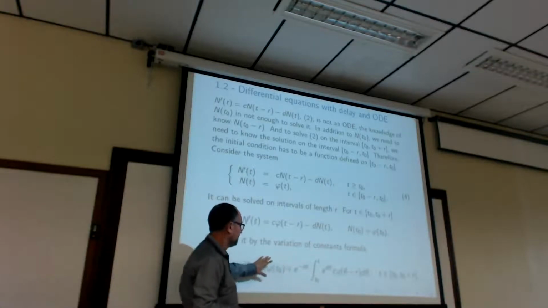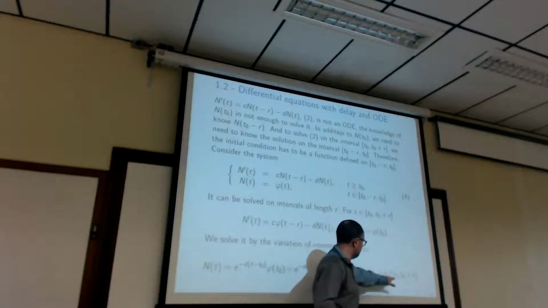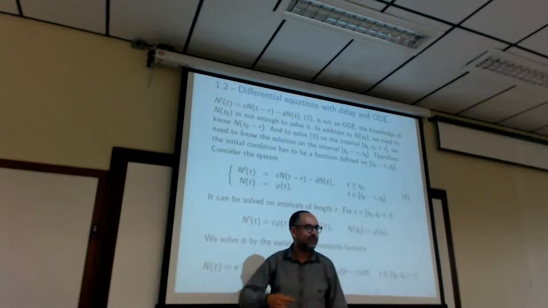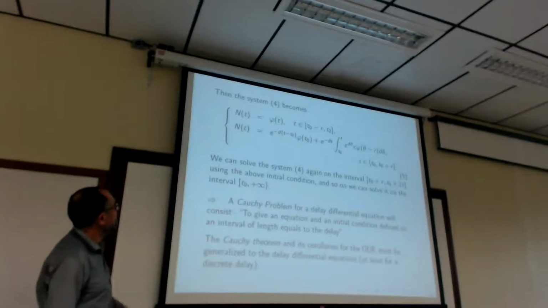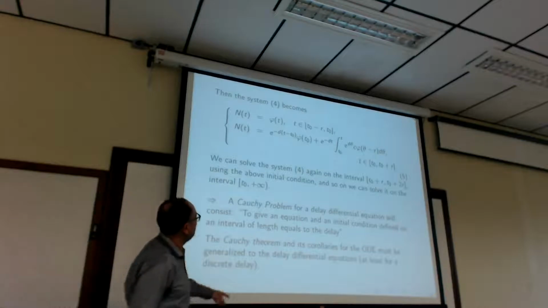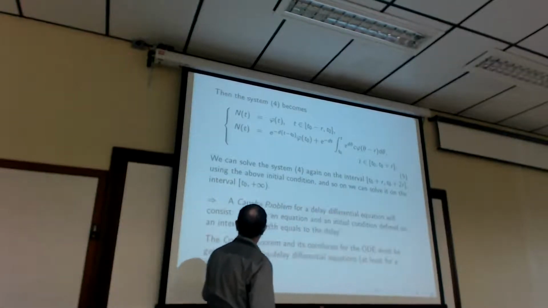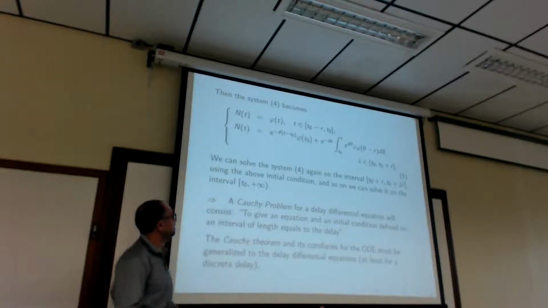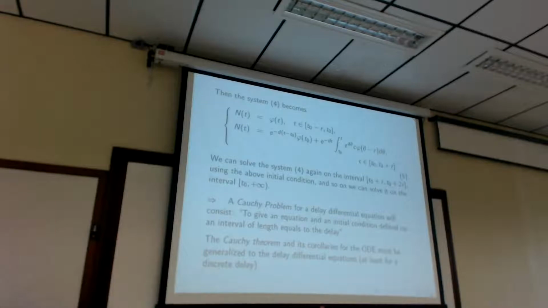But it's not finished, because now we know the solution on this interval, so we can solve on the next one. Then we continue like that on the interval t0 plus r, t0 plus 2r, etc., until we find the solution on all the interval up to t0 plus infinity.